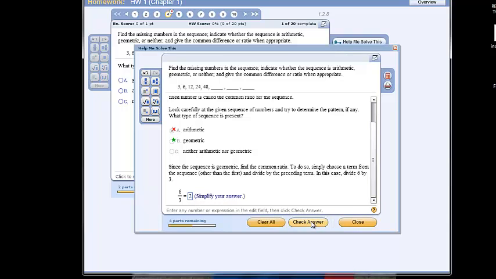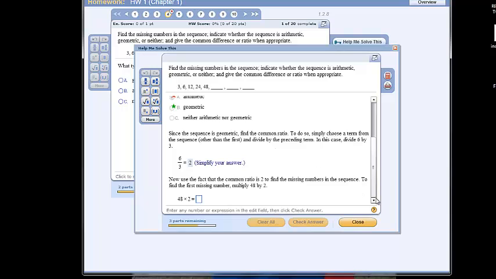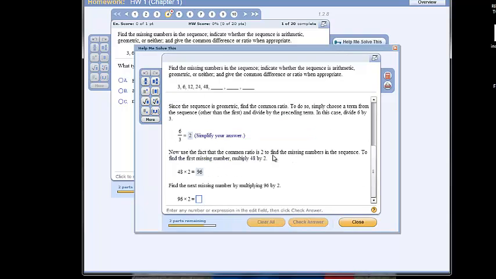Whenever you put in a value, you click check answer, and it'll give you feedback if it's not right. And then to find the next terms, you just go 48 times 2, which would be 96. You can check that answer. And then 96 times 2 would be 192.